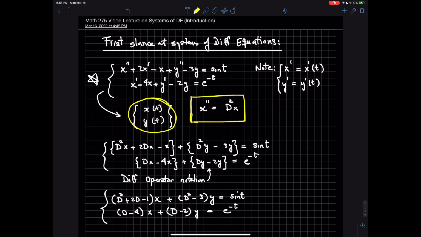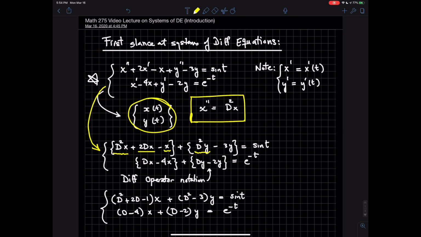Now, the differential equation that's given to you here, x double prime plus 2x prime minus x, if I take this and try to convert it into differential operator format, you notice x double prime turns into D squared x, 2x prime becomes 2 derivative of x, minus x, there's no derivative there, so there'll be no D here. Then y double prime becomes D squared y.